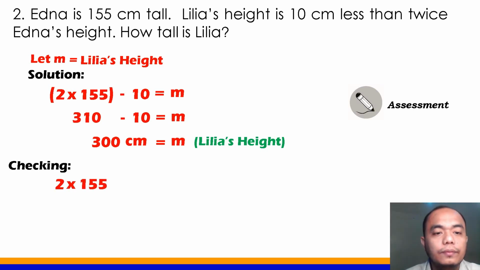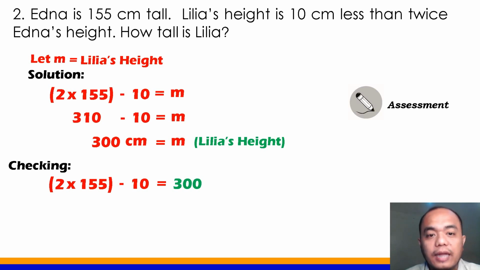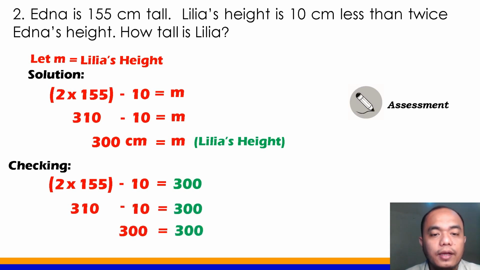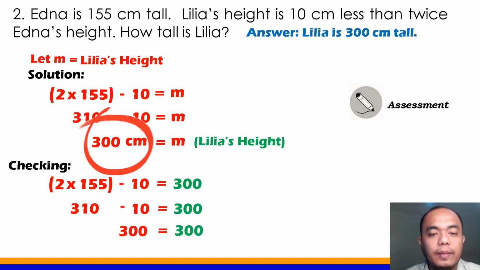So 2 times 155 minus 10 equals m. Okay, m natin, gagamitin natin yung 300 kasi yung 300 yan yung na-solve natin na variable kanina. Minus 10. Okay, so kung 300 dyan, 300 sa kabila, then our answer is correct. Our final answer here is Lilia is 300 centimeter tall.